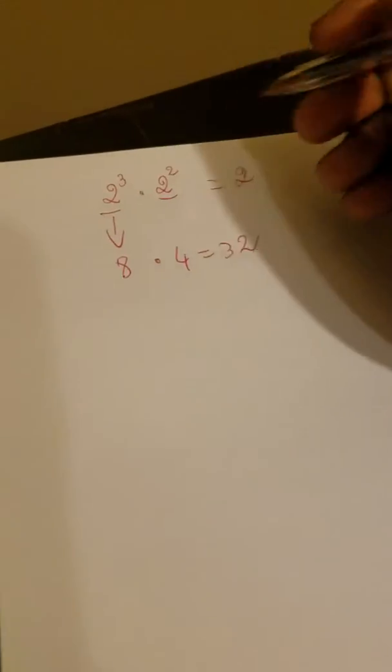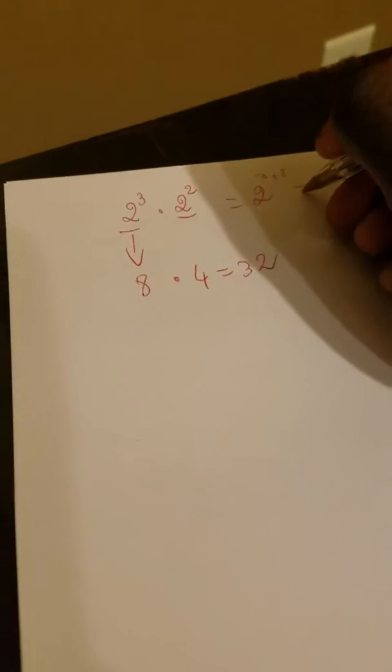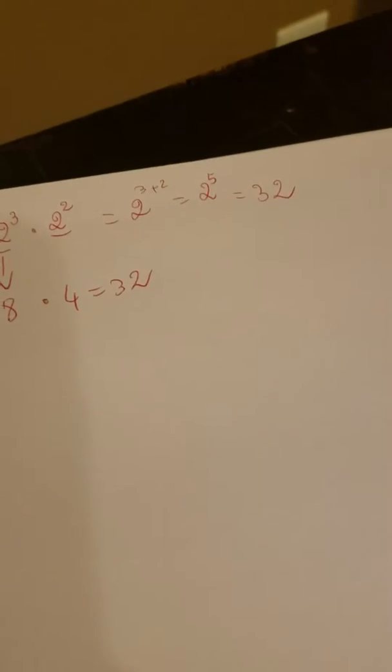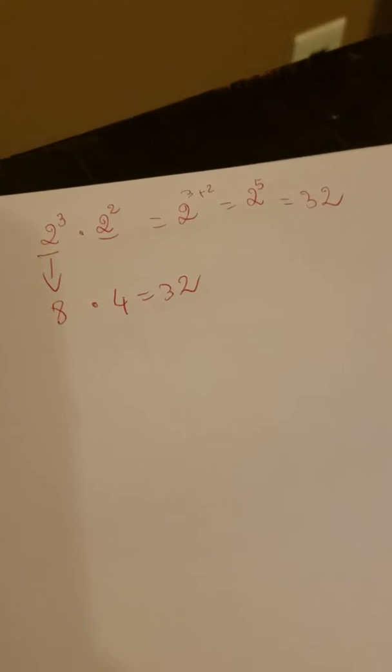Right? Do you agree? Now, if I use the exponent rule, I'm going to add the exponents, 3 plus 2, which is 2 to the power 5, which is equal to 32. So as you can see, we received the same answer.